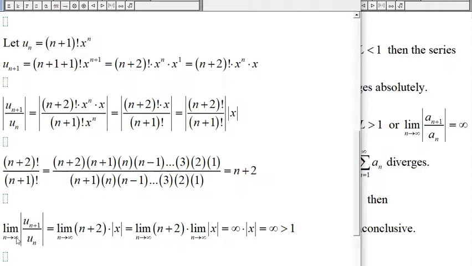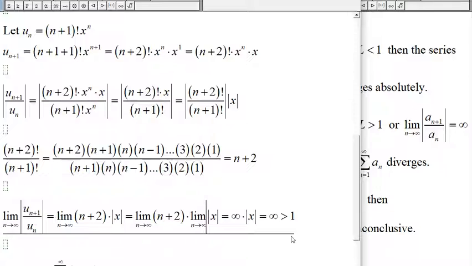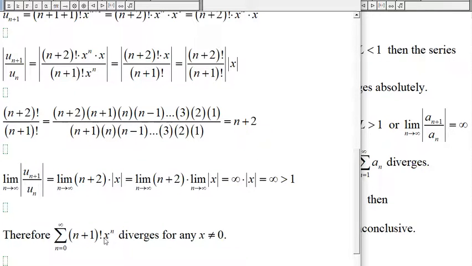And so this limit of u sub n plus 1 divided by u sub n will always be greater than 1, except for x equal to 0, as we have shown earlier. Therefore, this power series diverges for any x that's not 0. Meaning if we pick any nonzero number and put it in the place of x, the series diverges.